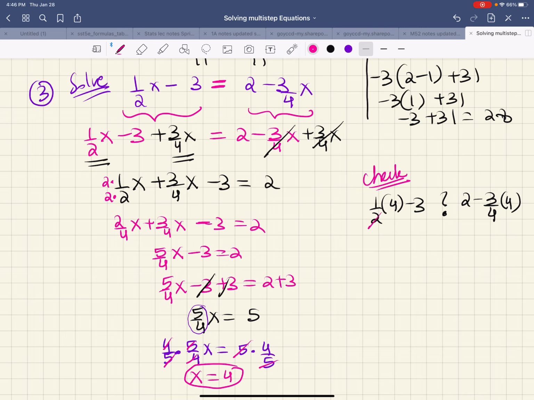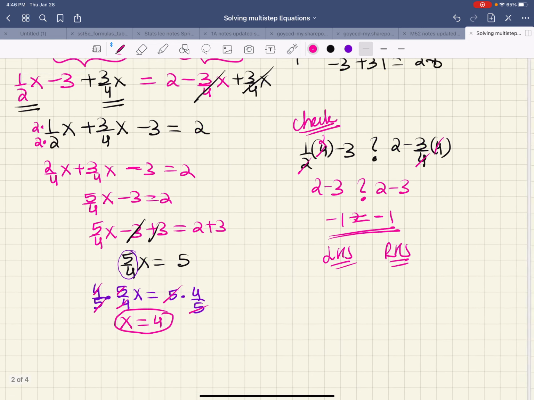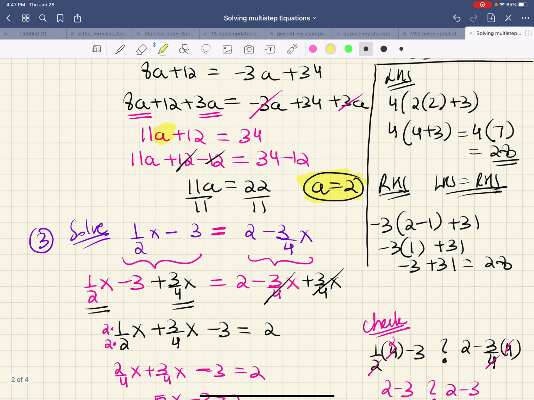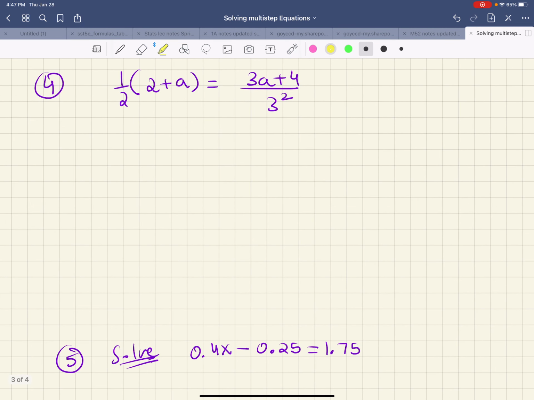All right, so that leaves me with 2 minus 3, 2 minus 3. And that's -1 is equal to -1. That means the left hand side is equal to the right hand side. So my two sides of the equation are equal here. Okay, next. That means my solution is correct, and I can go ahead and box, circle, highlight, and say that I got it correct. Here's the next equation.